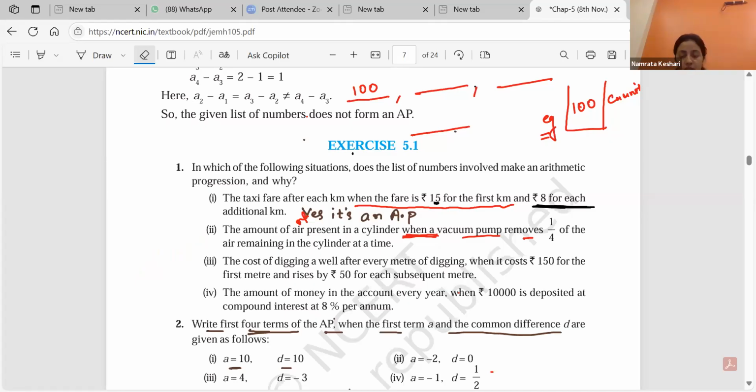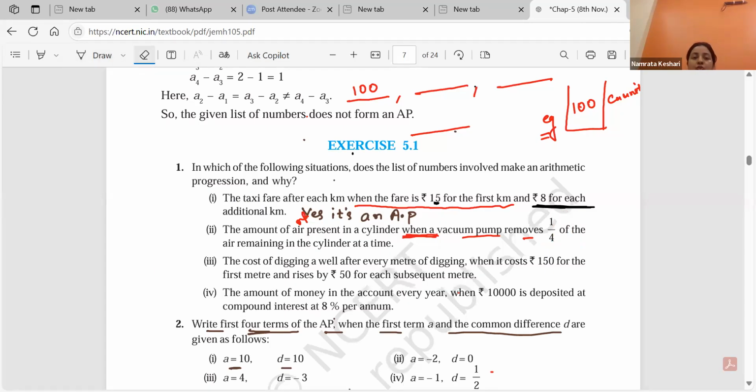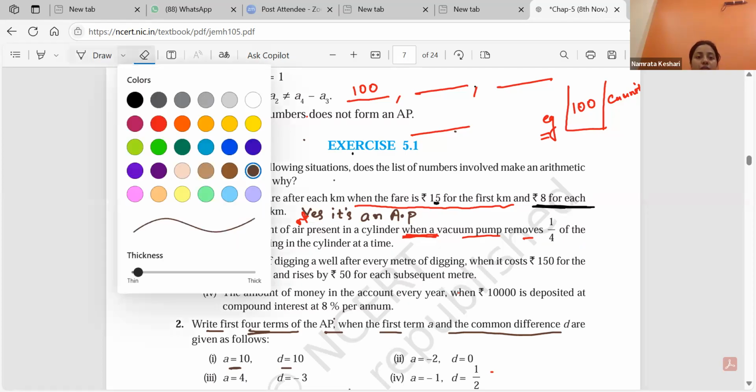Then only will we be able to find how much extra we have. The question says that once you pump, it will remove 1/4 of. Can you see this "of"? Yes, ma'am. It will remove 1/4 of the remaining air.